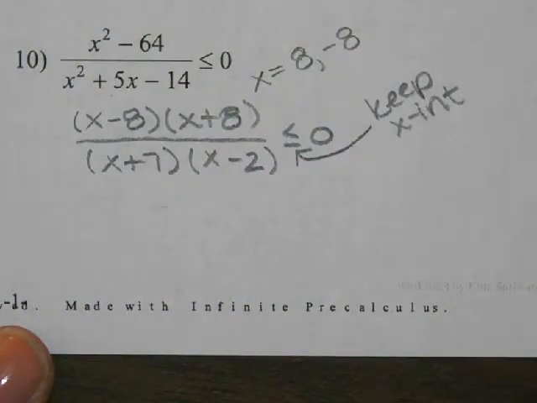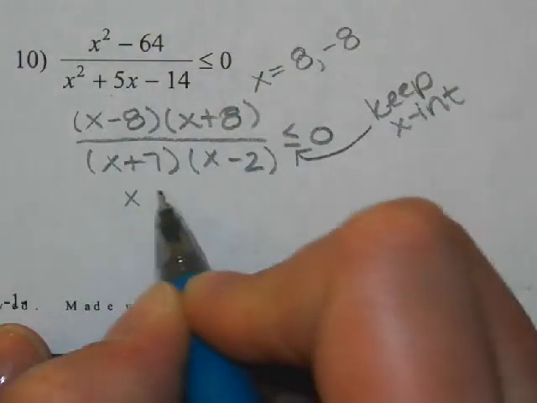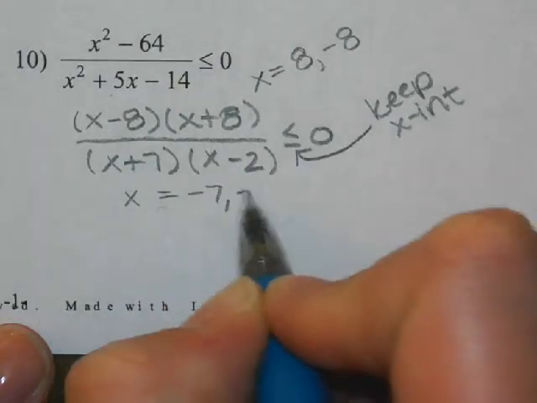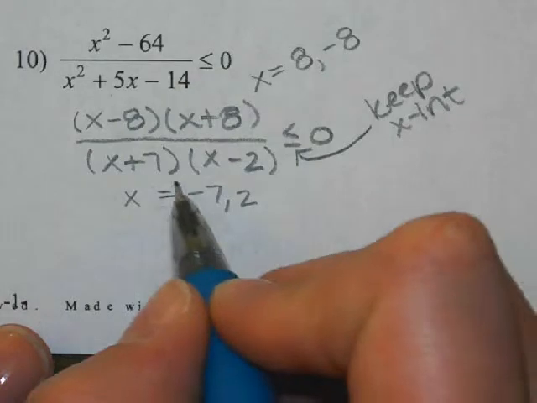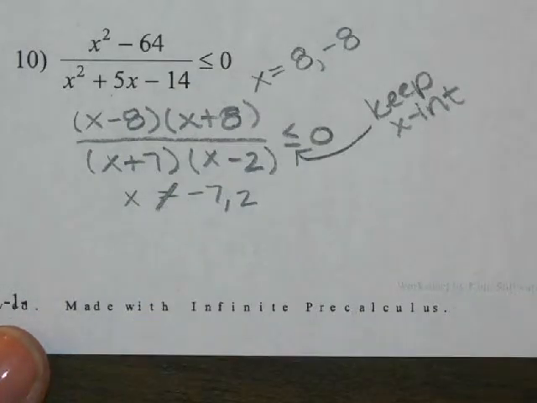So we get to keep those. And then what else do we have? Negative 7 and 2. And what do we know about negative 7 and 2? We don't get to have them because they're vertical asymptotes. So we exclude them because they're vertical asymptotes.